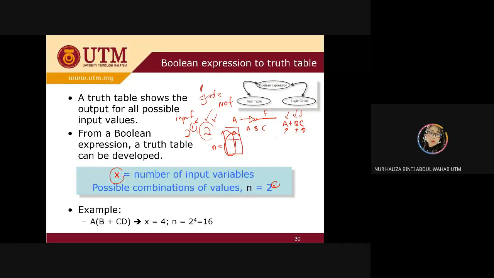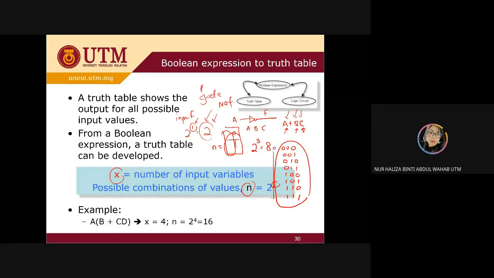So we have 3 inputs, then we have 2 to the power of 3, and the possibilities of our inputs we're going to get 8, which is 000, 001, 010, 011, 100, 101, 110, 111. So these are the possibilities. Altogether, from 0 to 7, will be 8.